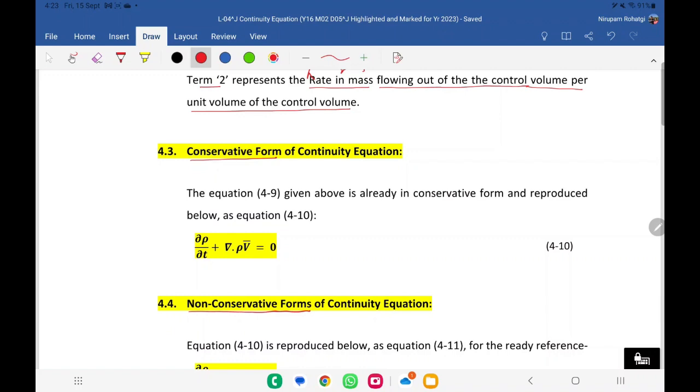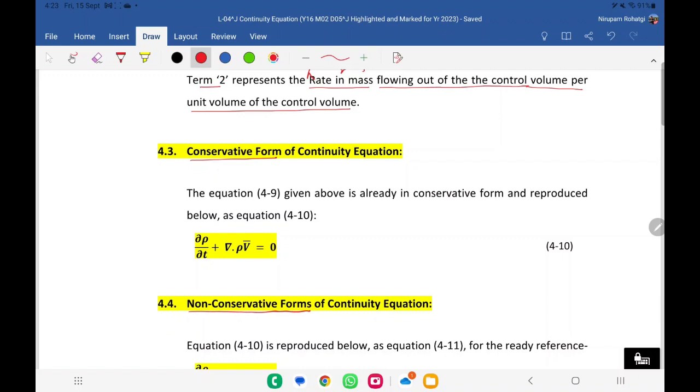Both of them are useful. In certain cases one form is useful, in other cases another form is useful, and that is why both of them are prevalent, both of them are being used. Otherwise mathematically they are the same, you could have used any one.